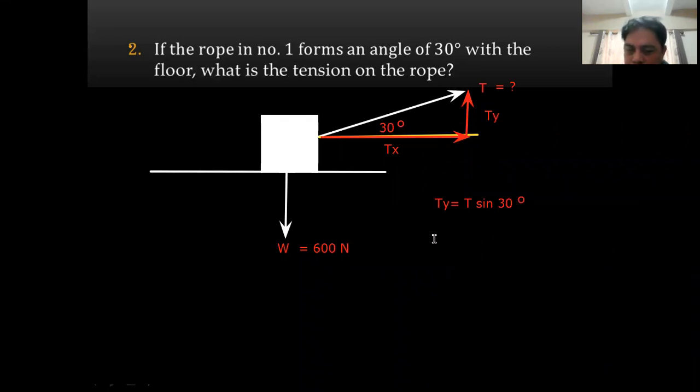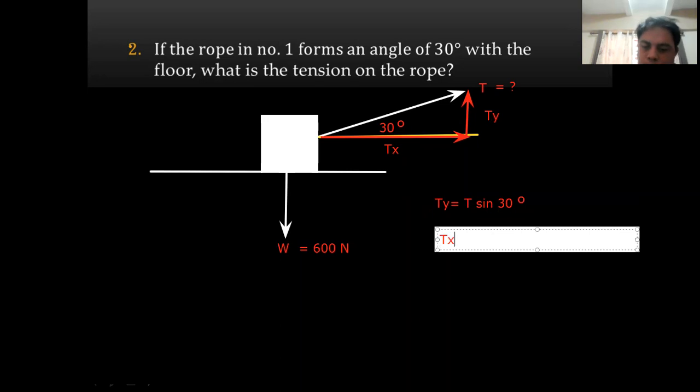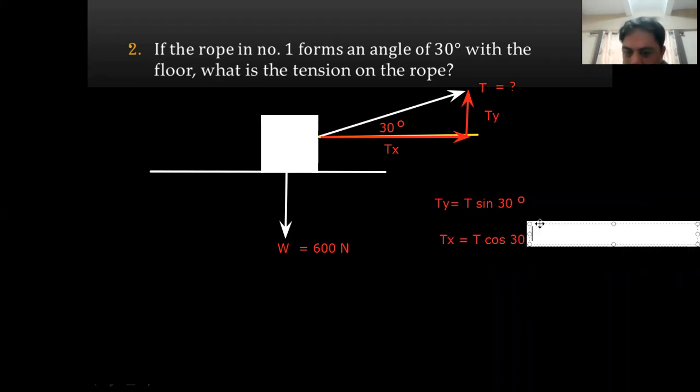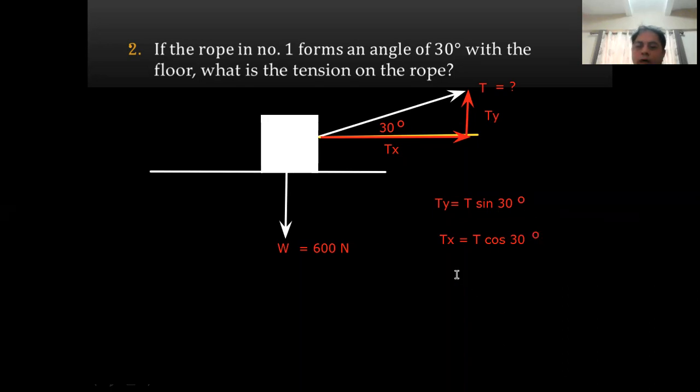And our T sub x, which is our horizontal component, is T cosine of 30 degrees. Okay, so these are our components of our force. Now, we see that T sub x will cause this box to move to the right, while T sub y will seemingly cause the box to move upward.